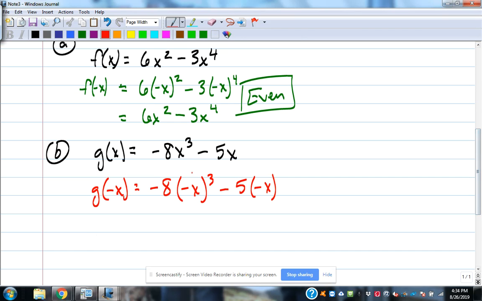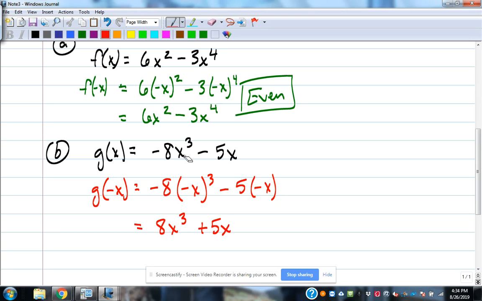Negative x to the third power means negative x times another negative x, which is positive x squared, times another negative x gives me a negative x cubed. So a negative times negative 8 gives me positive 8x to the third. And when I multiply negative 5 times negative x, I get positive 5x.